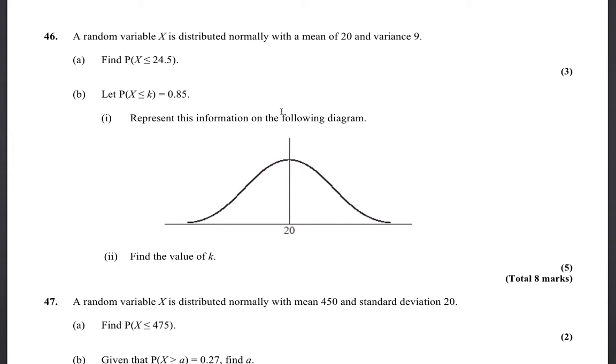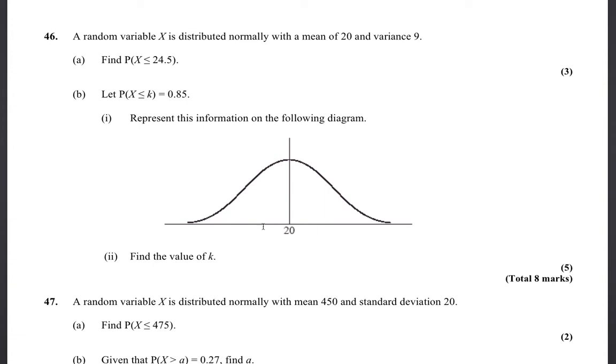Represent this information on the following diagram. Now here, since the probability of x less than or equal to k is 0.85, which is more than 0.5, we know that this area is 0.5 and this area is 0.5. So less than or equal to k means to the left hand side of k. So you can't have k this side, isn't it?